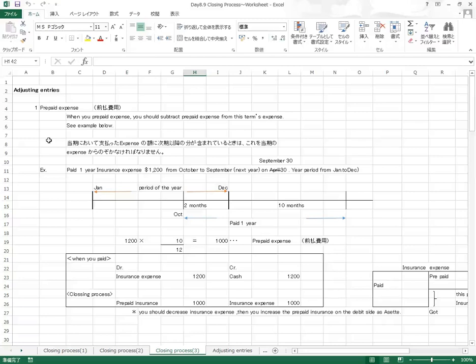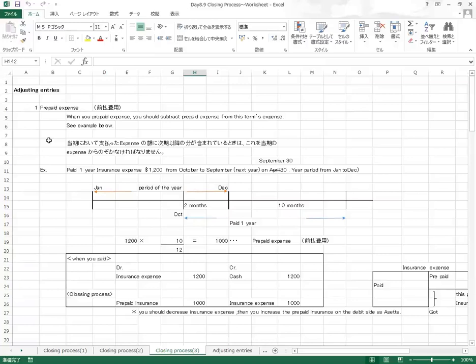If you pay a long-term expense that belongs to this term and the next term, if you record all these expenses to this term, is it suitable or not?